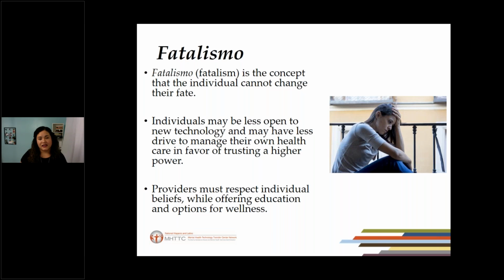That is like that and nothing is gonna change. So this concept could affect the therapy process a little bit. And this is something that we need to be aware of while we are providing psychoeducation and also while we're delivering the services. We can explore if there's fatalismo in the family that we are working with, because not all families value that, right?